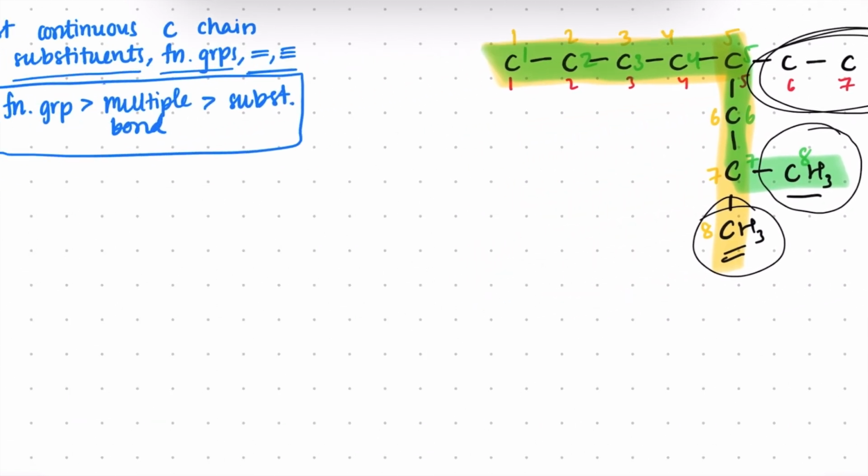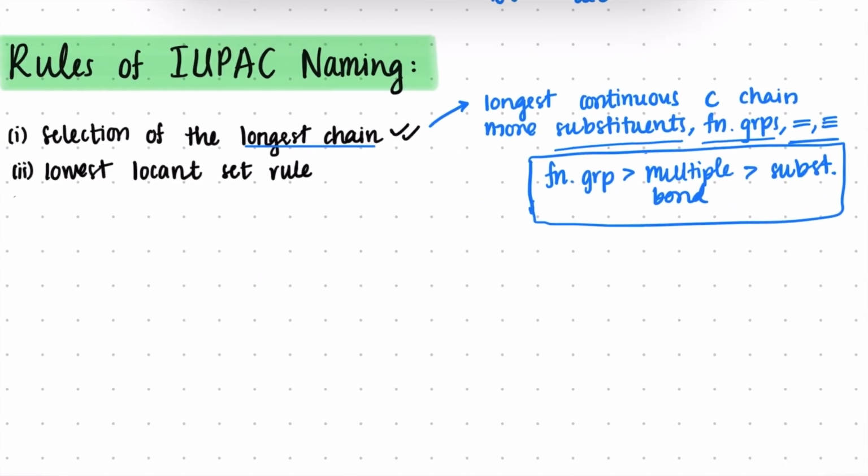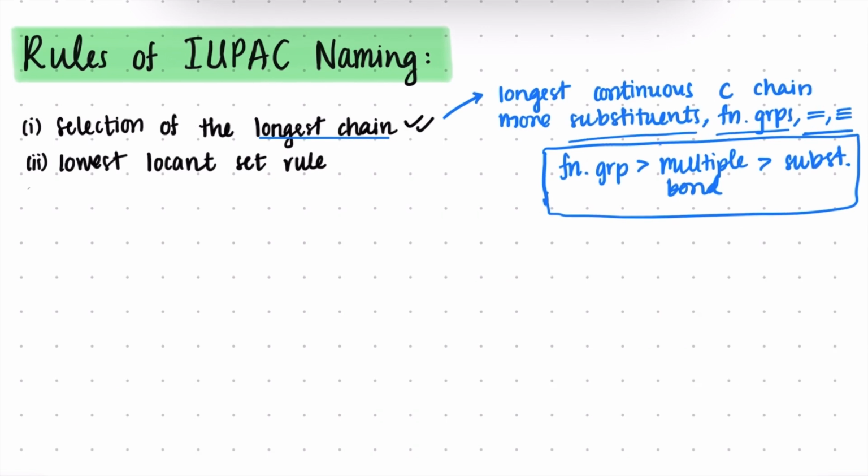So let's get to the next rule. Now we've got the lowest locant set rule. This rule basically talks about the numbering of carbons in that chain.